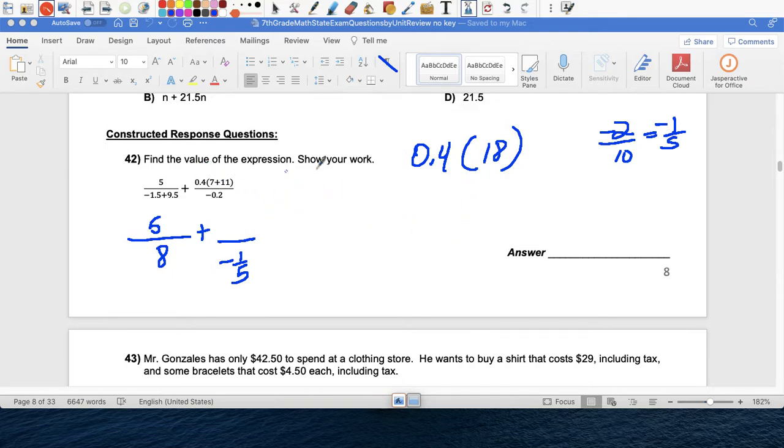So this whole thing here gives me 7.2. And I can change that to a fraction. And I can write 72 over 10. So I probably would have done something like that. I don't see why not. Did I make this a little bit longer?